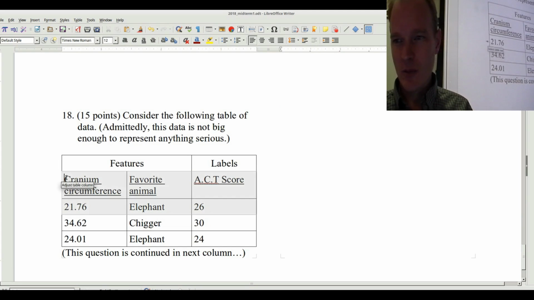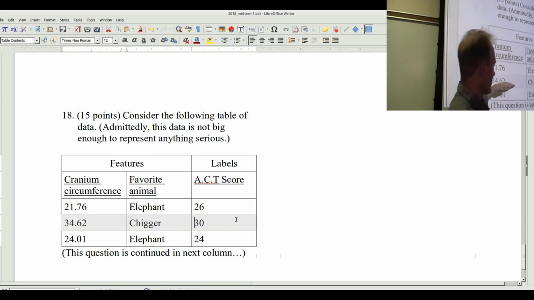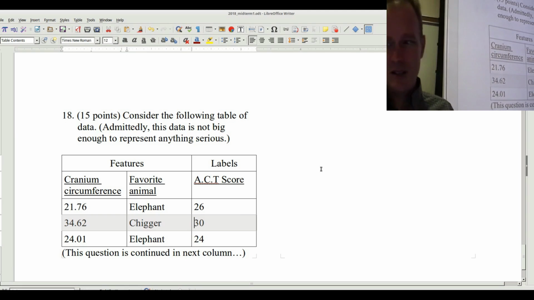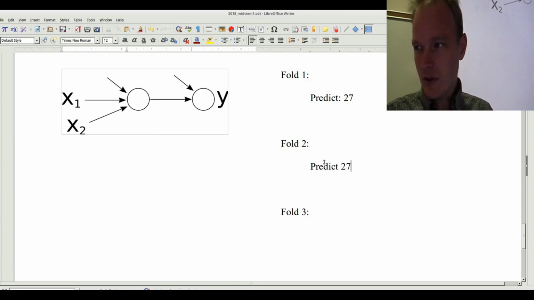And while we're at it, let's just compute the prediction for the other folds. When we're withholding chigger, it will always predict 25. You see why? Because the average of 24 and 26 is 25. So it will predict 25.